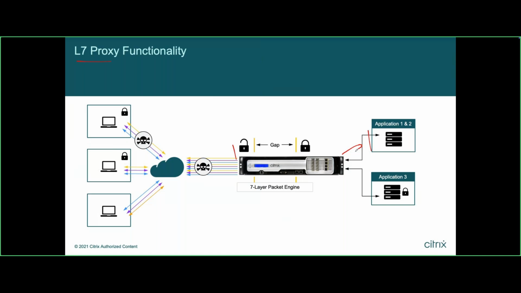It is sitting in between the client and the server, so you can put this ADC in the DMZ also. And if you want to put another firewall in front, let's say Fortinet or something, you can have a double hop. You can have your ADC sit behind the Fortinet or Palo Alto or any other firewall or F5, or you can have the ADC sit in the DMZ.